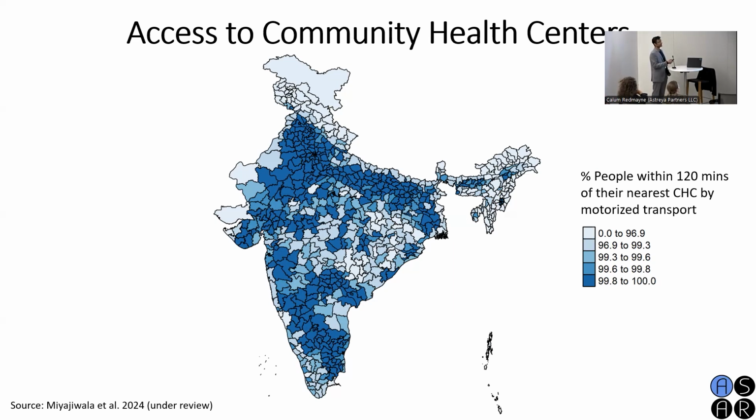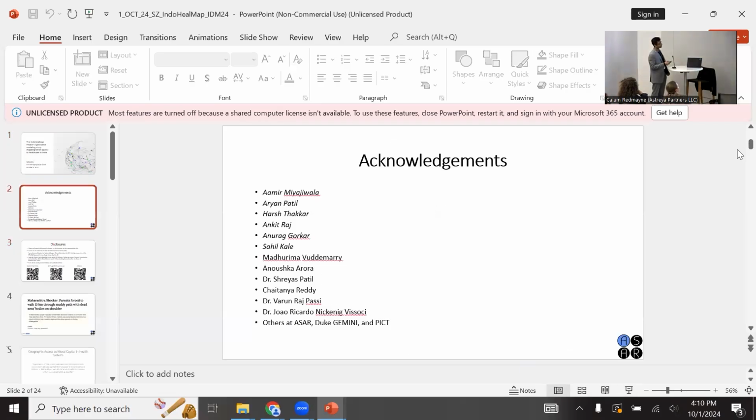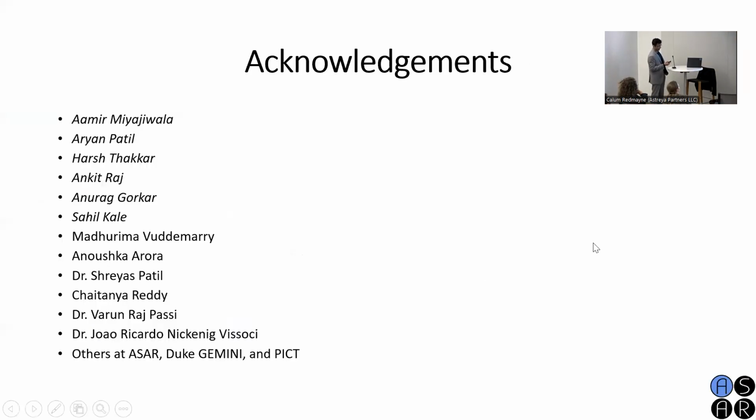And two, we actually do not have data on whether these CHCs are functional or not. So this is specifically just whether people can reach or not. And that's why you will see something, oops, oh, my bad. Oh, wait.